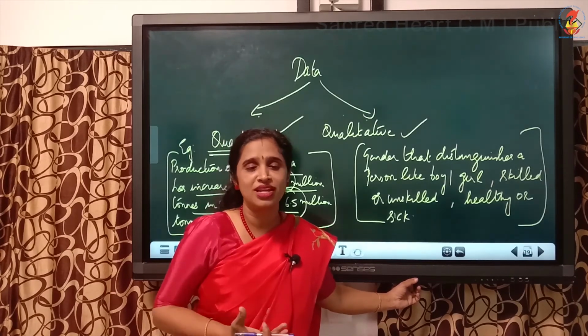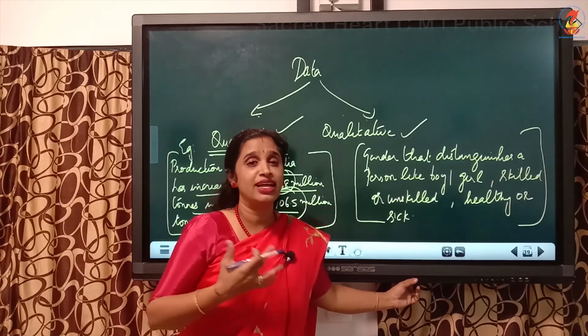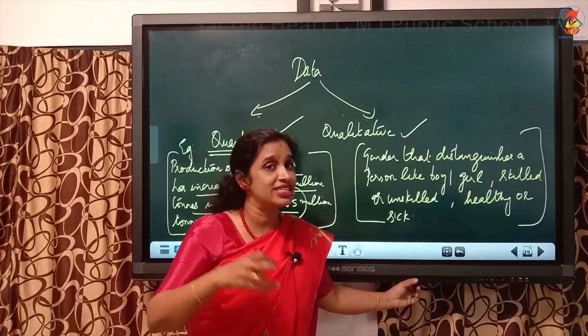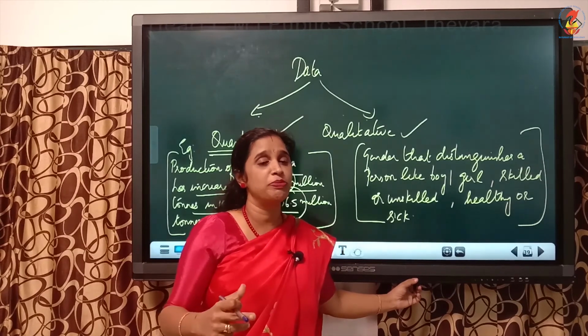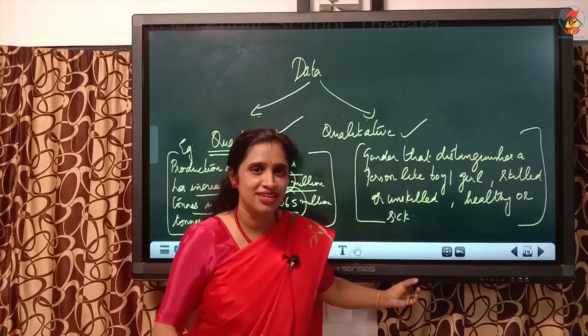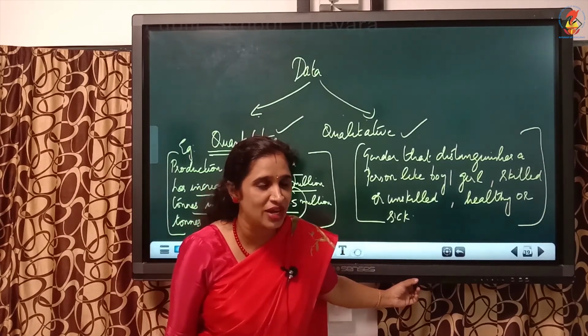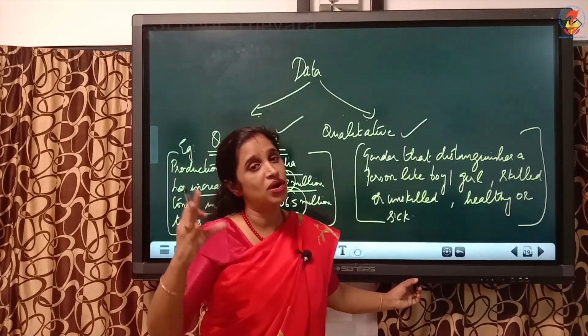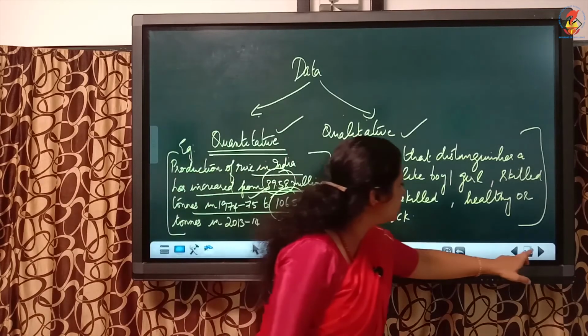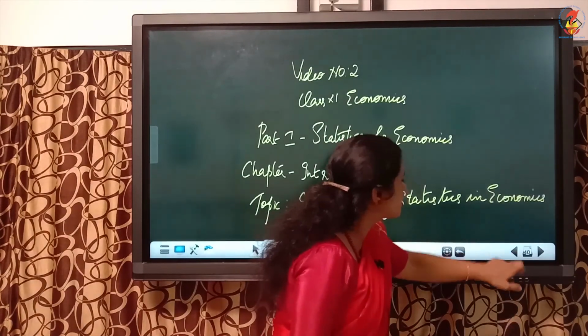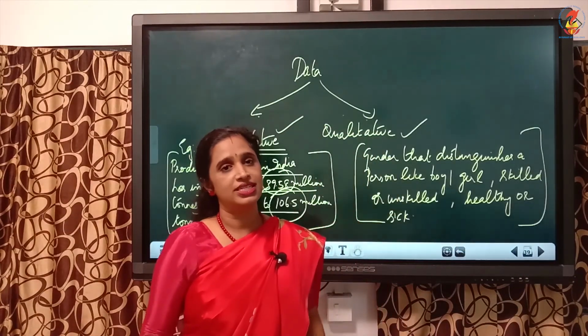Human resources in our country, how many are skilled and unskilled, that gives both quantitative as well as qualitative data. We are differentiating on the basis of skilled and unskilled. So qualitative data refers to data which is based on certain attributes or quality. Okay, so that is with regard to the two types of data, quantitative and qualitative.